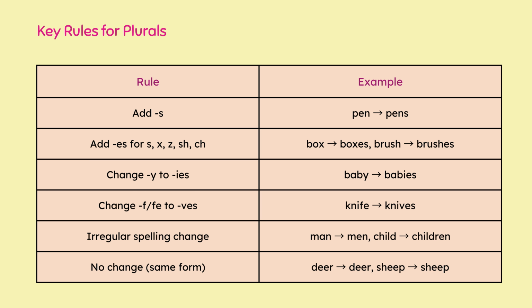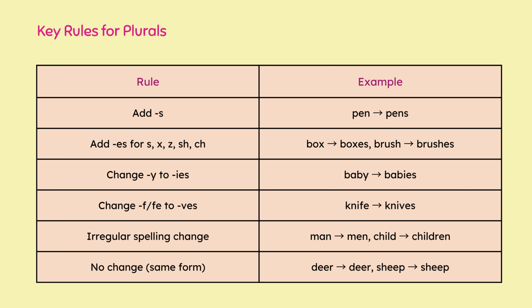Examples, box becomes boxes, brush becomes brushes. Rule 3. If a noun ends in a consonant plus y, change y to ies. Example, baby becomes babies. Rule 4. If a noun ends in f or fe, change it to ves.